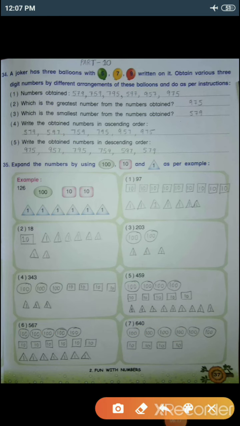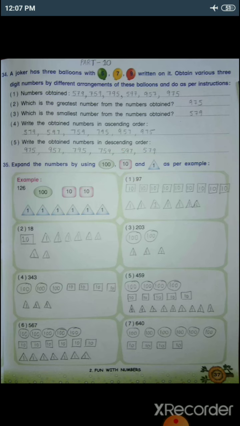Now question number 35. Expand the numbers by using 100, 10 and 1. Numbers are given here and we need to expand them into 100s form, 10s form and 1s form.